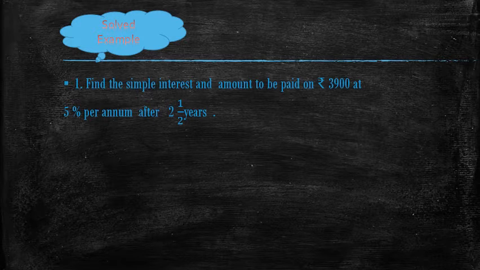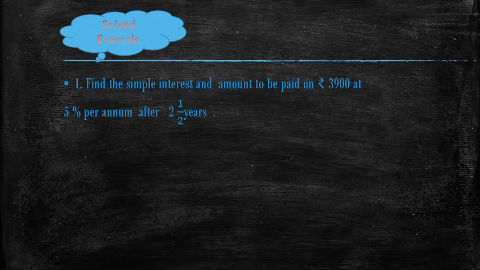Let's have a solved example. Find the simple interest and amount to be paid on rupees 3,900 at 5% per annum after 2.5 years. So here we have to find both the simple interest and the amount. What is given?